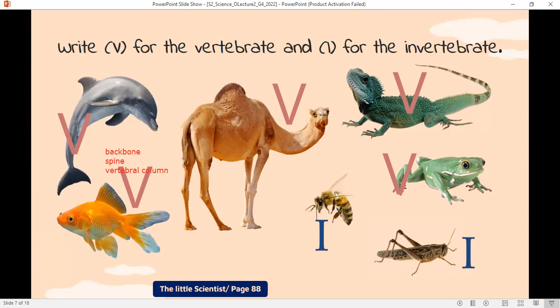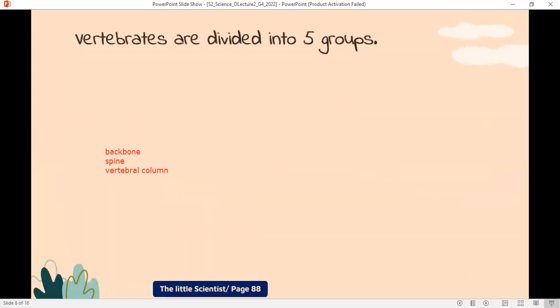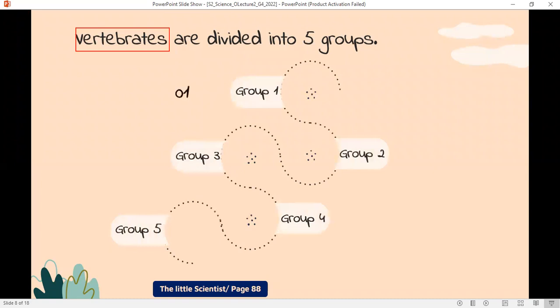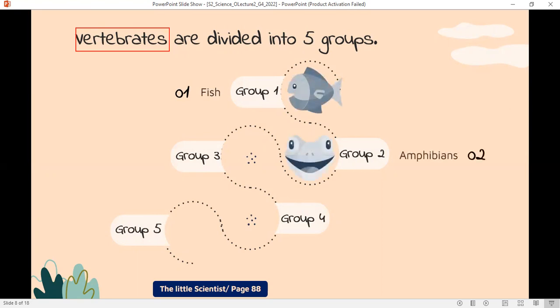So again, what's the difference between a vertebrate and an invertebrate? Vertebrates are animals with a backbone. They do have a spine or a vertebral column. Vertebrates are divided into 5 groups. Group 1, the fish group. Group 2, the amphibians group.